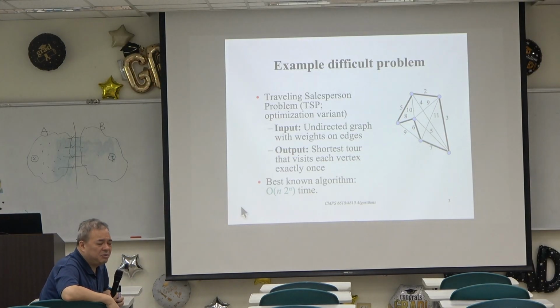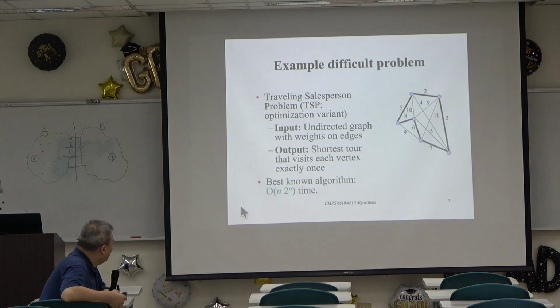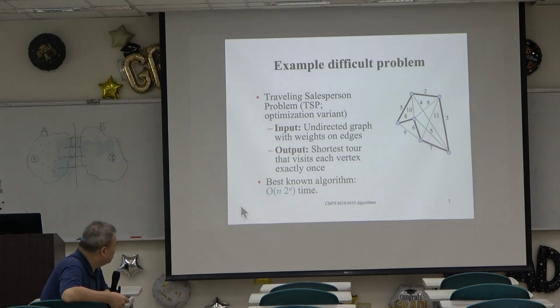When the problem size increases, the time goes up so fast, so we don't like it. So the traveling salesman problem is one of such difficult problems. I probably should say, so far nobody can solve it in polynomial time.